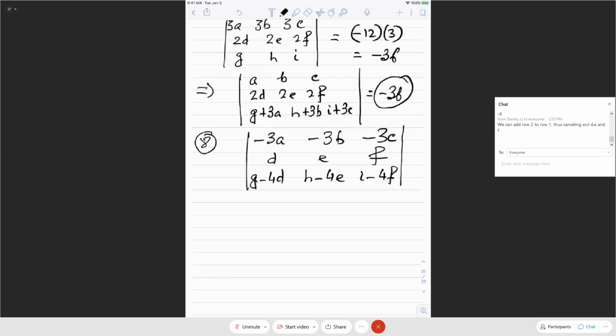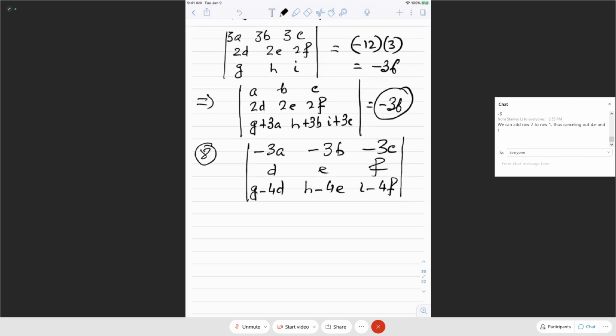Negative 72. Negative what? 72. Negative 72. I think you are right, because minus 3 A, B, C, D, E, F, G, H, I is minus 3 times minus 6, 18.